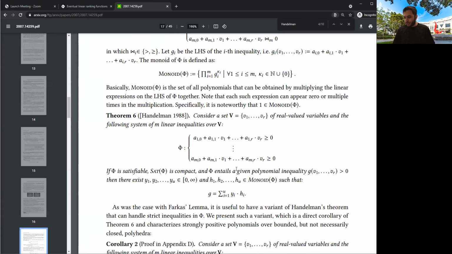But what's even more interesting is what happens if here, instead of having a bunch of linear inequalities, we have a bunch of polynomial inequalities. So what happens if not only the right-hand side is polynomial, but also our assumptions are polynomial?